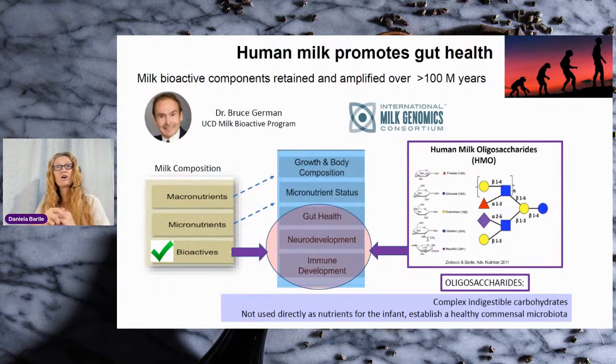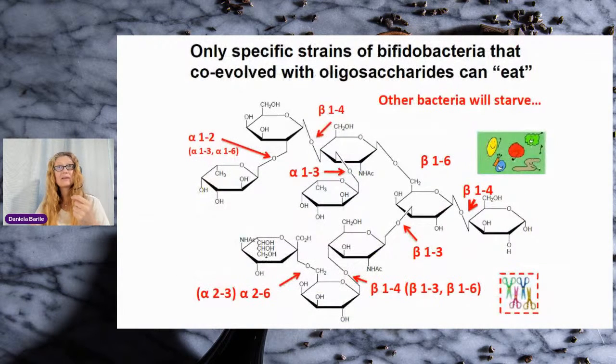These molecules are complex indigestible carbohydrates. You see a cartoon in the slide. They're called human milk oligosaccharides. It's interesting because they are not used as nutrients by the infant; they're non-nutritional, zero calorie. Instead, they feed the bacteria in the gut, and so they help establish healthy commensal bacteria. Very important molecules, but we don't know very much about them yet.